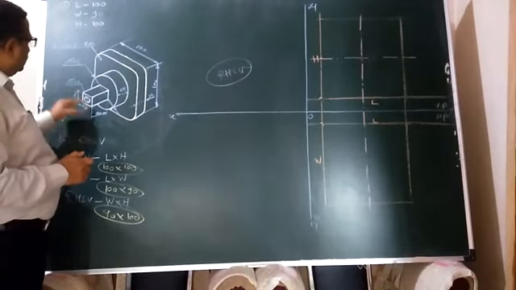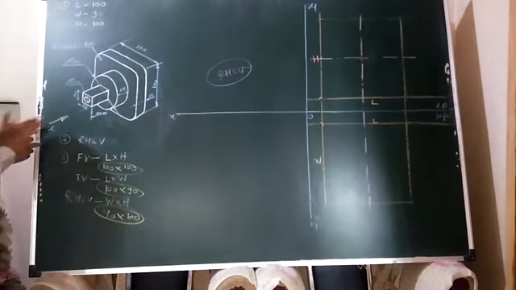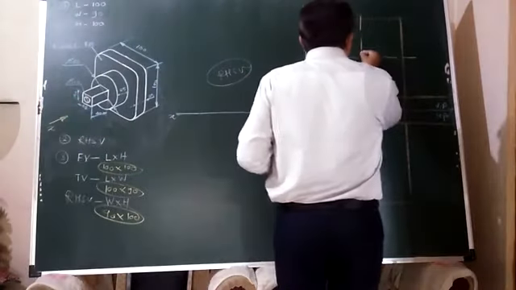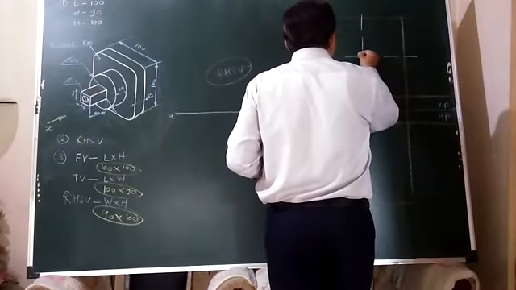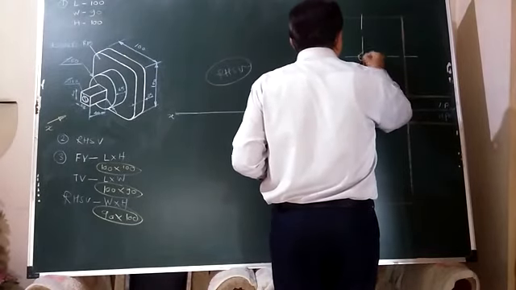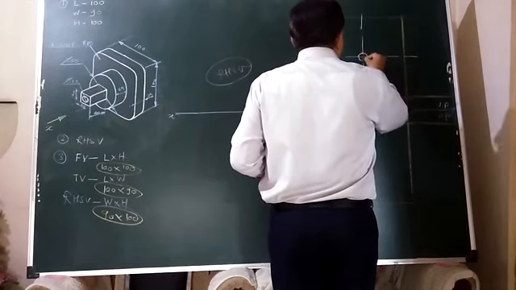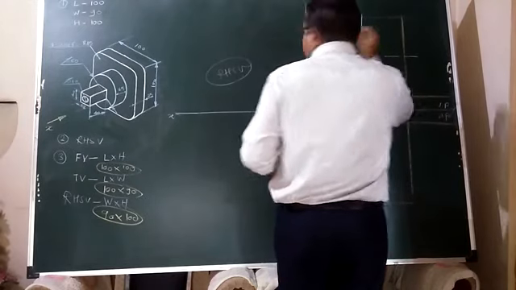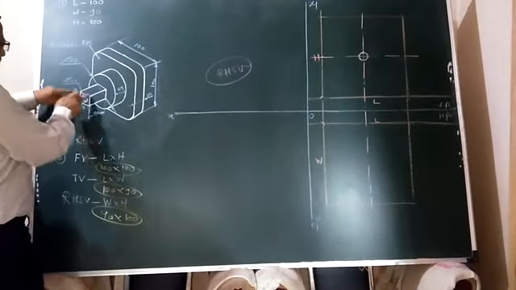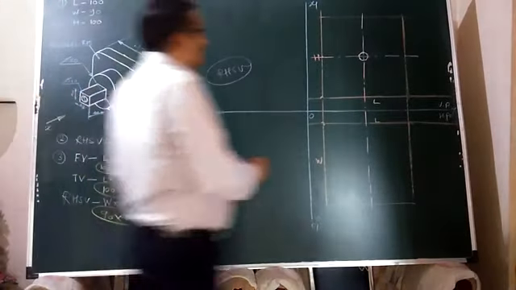So accordingly, this hole in the direction of X, what will appear? Centrally a 10 mm diameter hole will appear. So first of all I will construct that 10 mm diameter hole. Around that, what is there? This 20 by 20 square surface will appear.